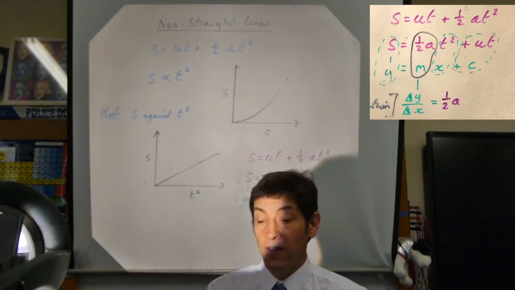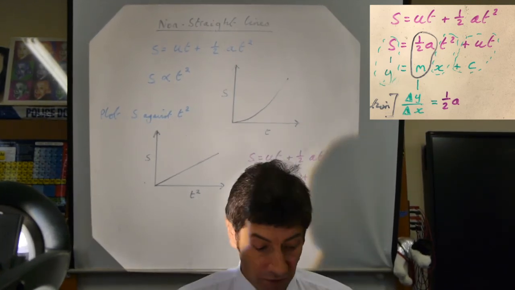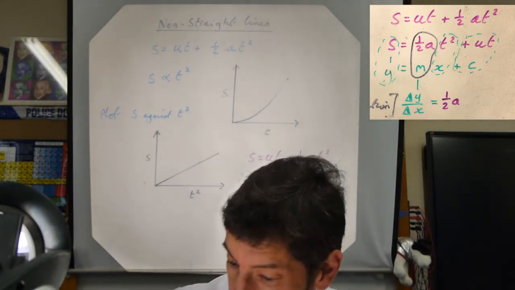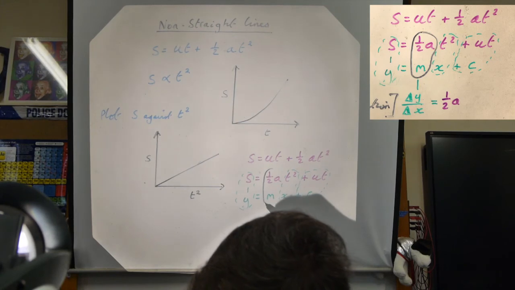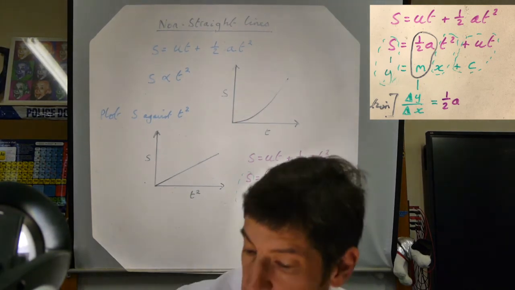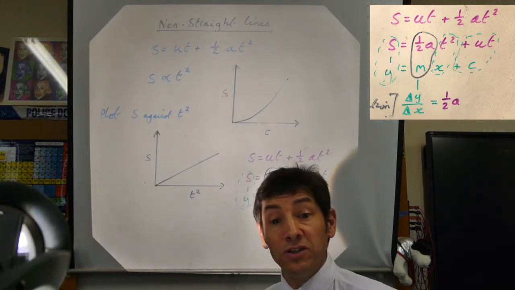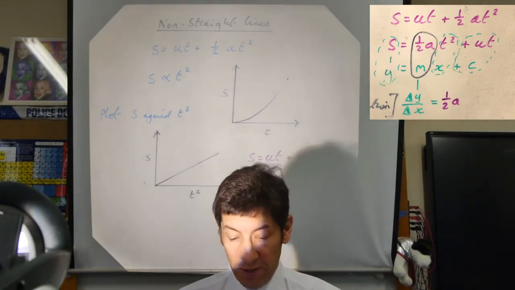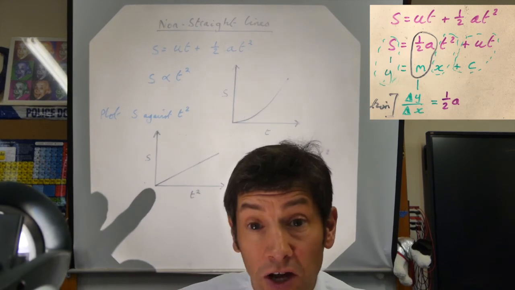So we didn't have an initial velocity. We didn't have a u. And look, there is our gradient. So we do the usual thing. We draw the biggest triangle we possibly can. You would clearly start at 0, 0 here.